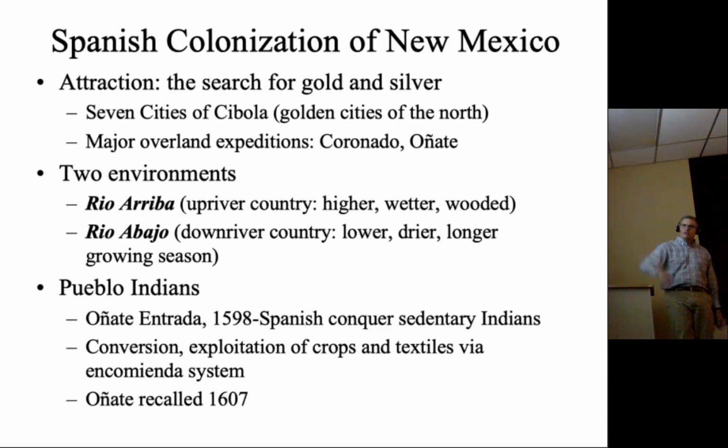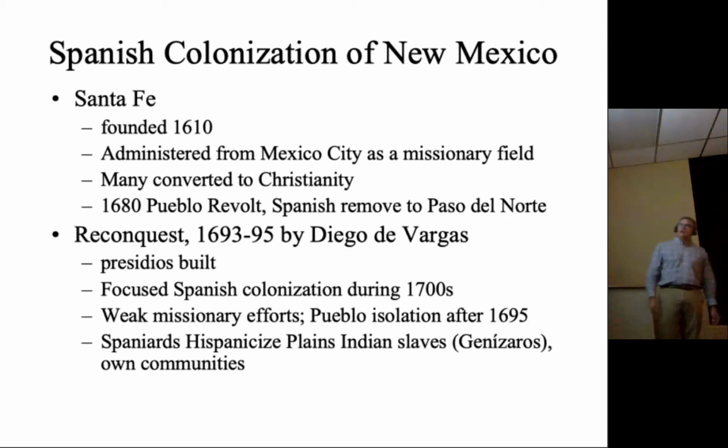But in 1608, the Pueblos revolted, and sent the Spanish south down to El Paso. All right, El Paso was their refuge, and they regrouped after a few years and returned to Santa Fe, established Santa Fe in 1610.